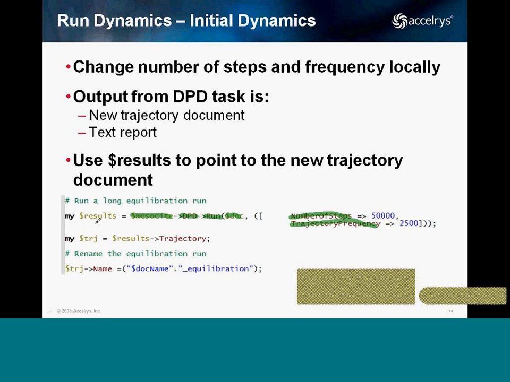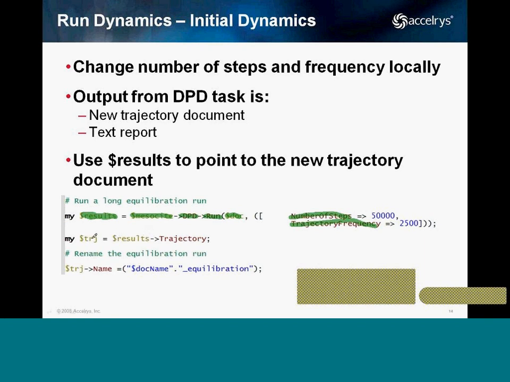And what I want is to be able to point to that trajectory document when I do my next calculation, so that I can grab it and use it as input. So the way we do this is we provide a results hash, and this hash, or this list that I've got, this variable, will contain pointers to both my trajectory and my text report.